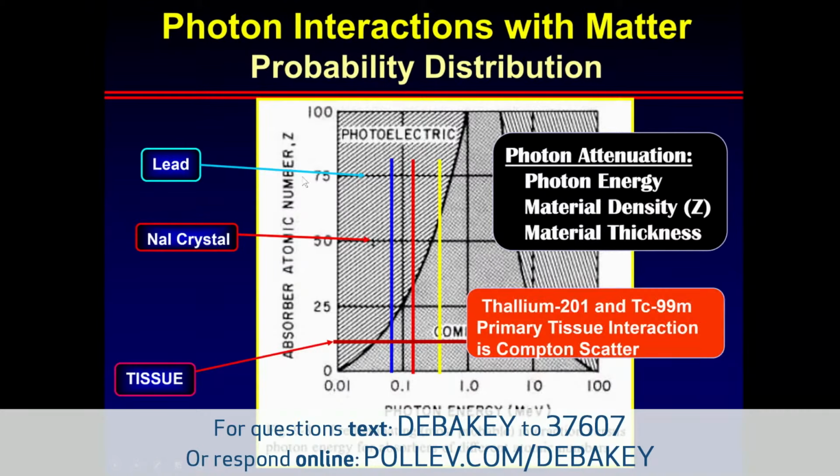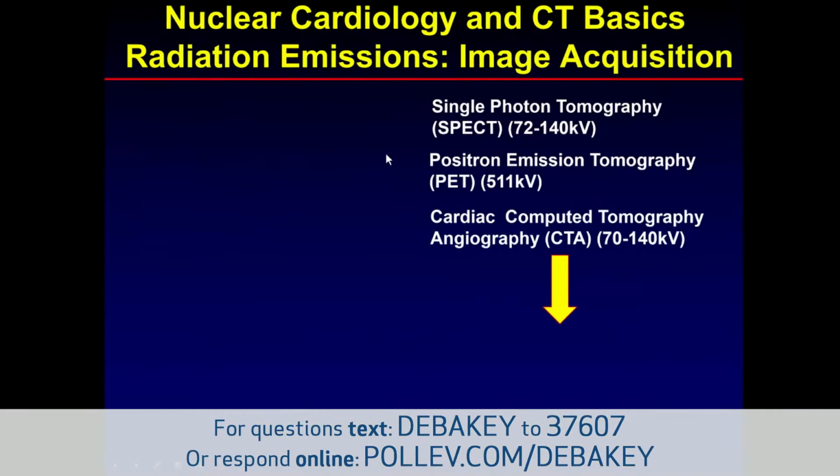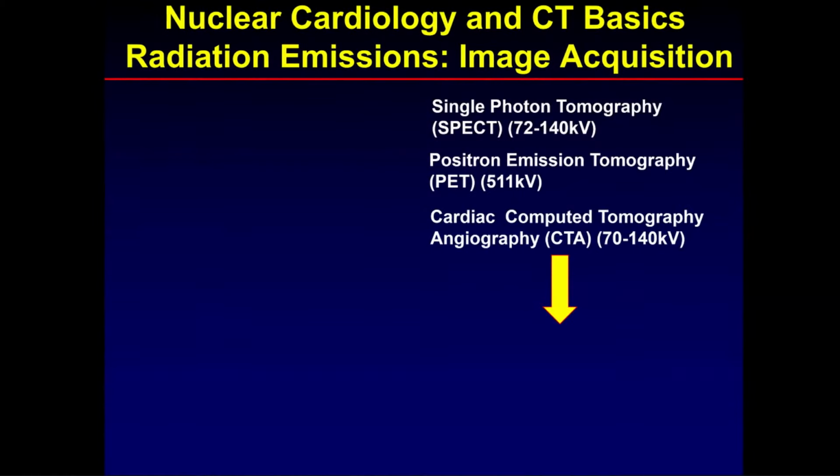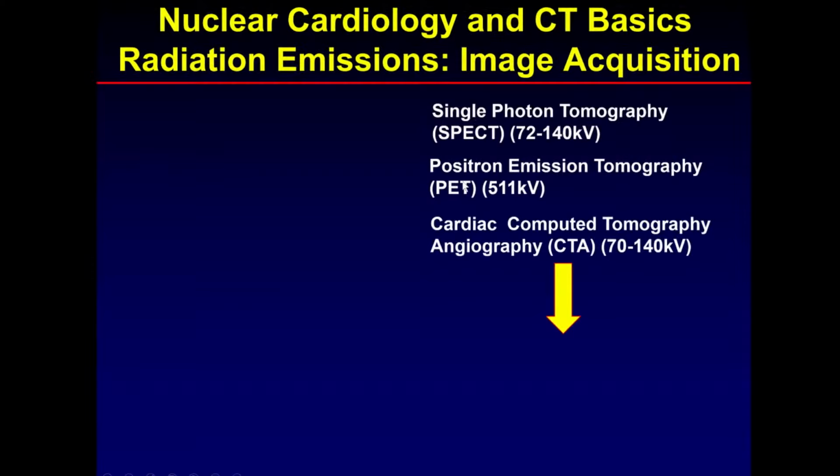Okay. Now, I just want to show this because there actually are similarities. And one of the reasons, I guess, why I got interested in CT many years ago is because there are a lot of similarities between nuclear imaging and cardiac CT imaging. First of all, as I already showed you, there's a lot of similarity in terms of the type of kV that we use, depending on the radiotracer, and the kV that we use in CT in general.